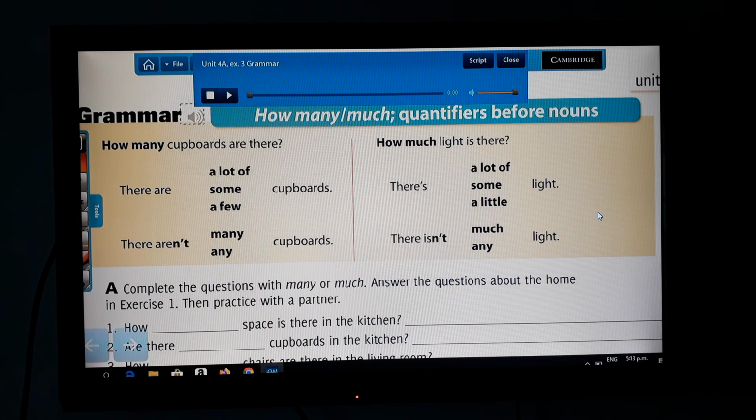There's some water. There's a little water. There isn't much water. There isn't coffee. There isn't much coffee. Or definitely, there isn't any coffee. At this moment, in your house, there aren't any teachers because the teachers are in their house, of course. But maybe in your house, there are some chairs, of course. So having in mind this theory, try to complete the next exercise.